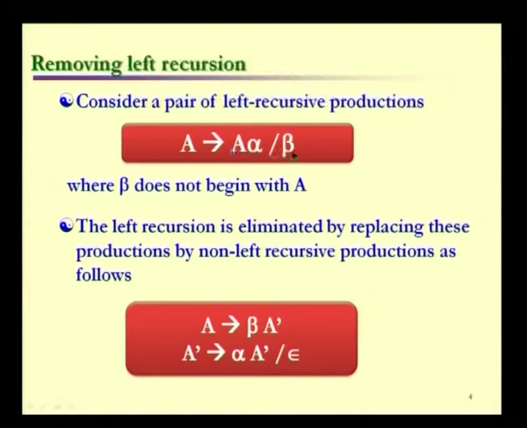Now the question is, can you find such kind of alternates? Certainly it must be there. If you find that all the right hand sides of this A start with A itself once again, then the grammar is going to be a useless grammar, because it is certainly not possible to derive any string.